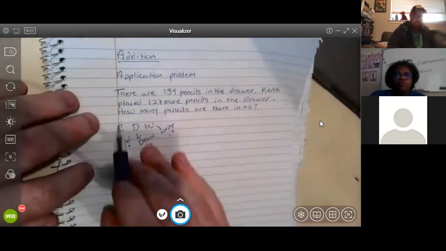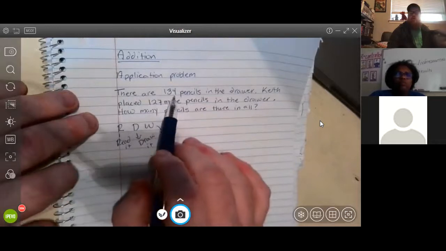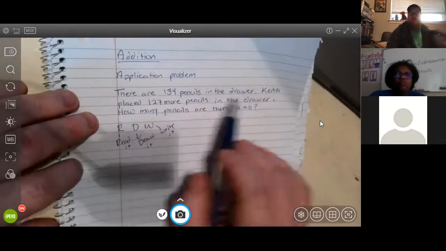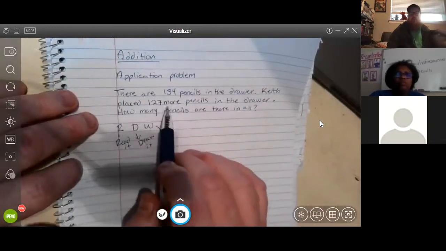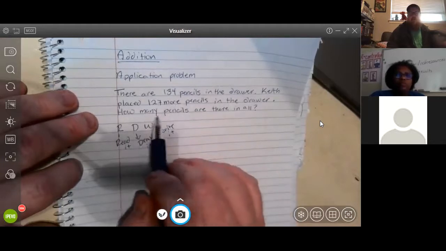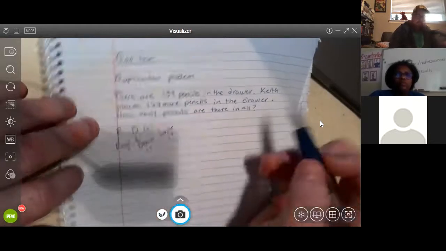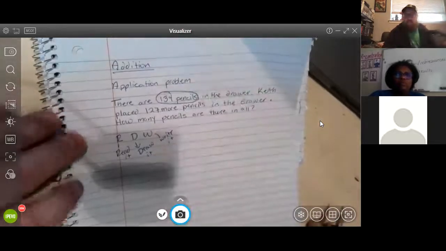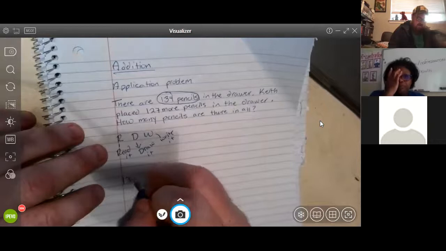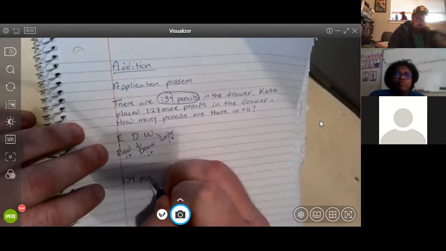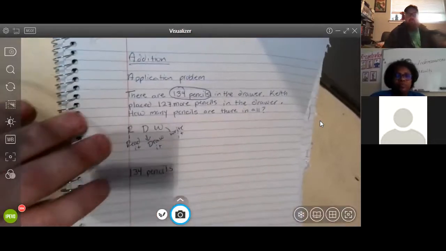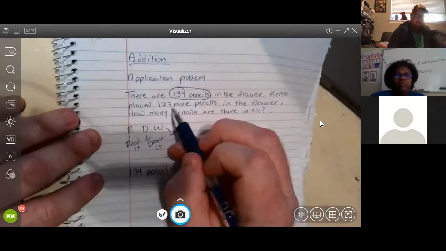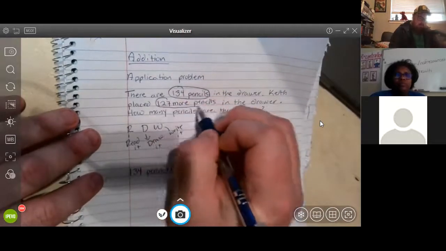First things first, one more time. There are 134 pencils in the drawer. Keith placed 127 more pencils in the drawer. How many pencils are there in all? So 134 pencils is my first big piece of information, so I'm going to pull that out. Then 127 more pencils.